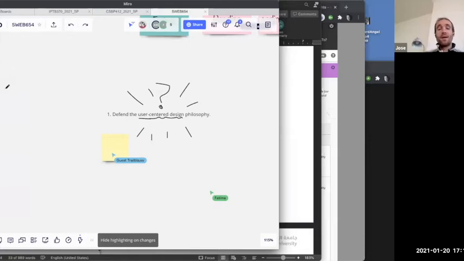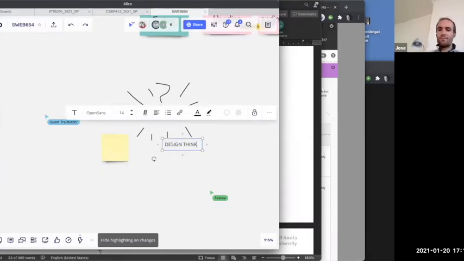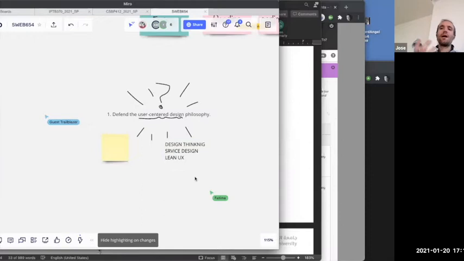So user-centered design became famous. It is also known as design thinking or service design. Also lean UX. All these things are user-centered design.